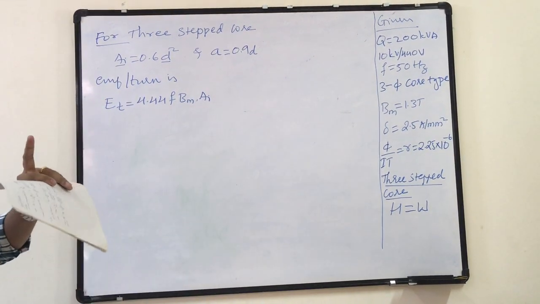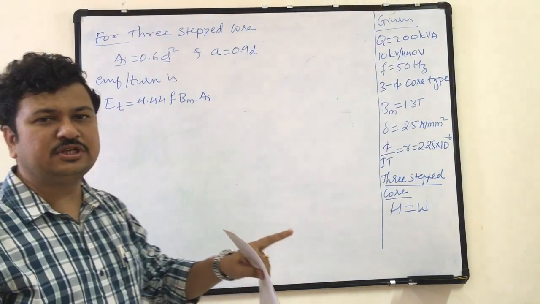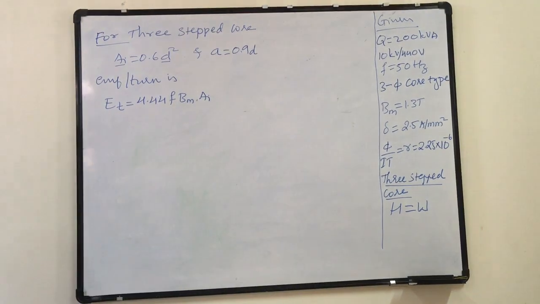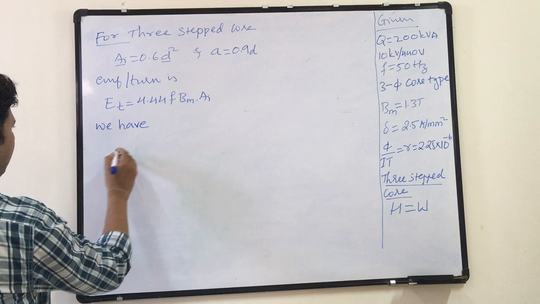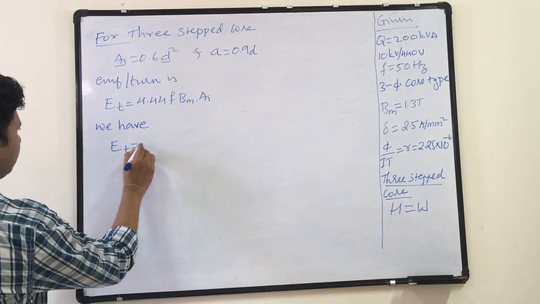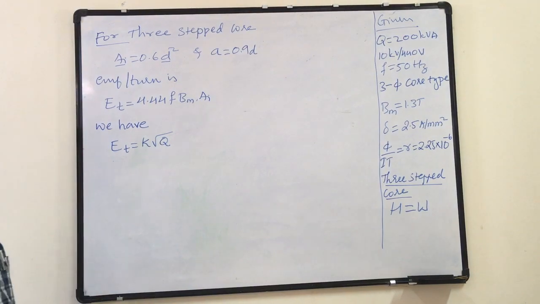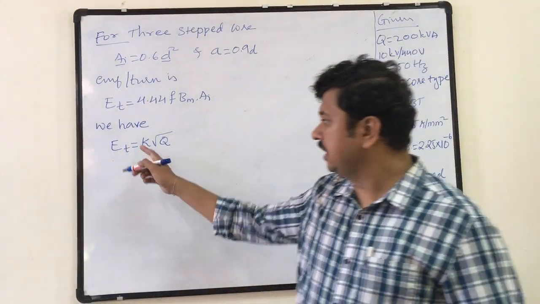But I can find Et using its relation with respect to the output power. So we have Et is equal to K into root Q, and what is K?